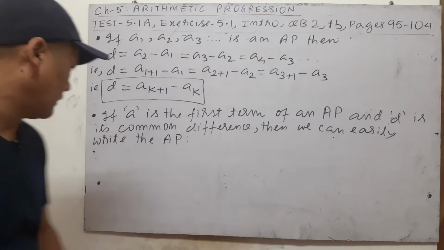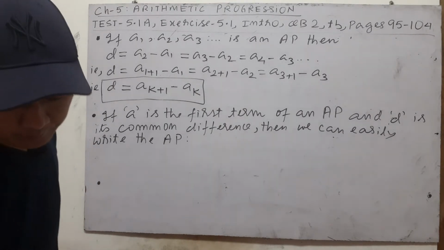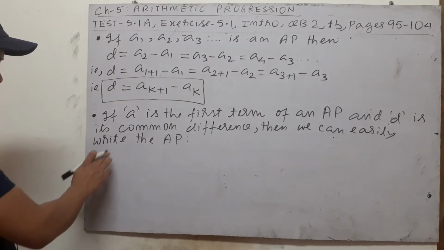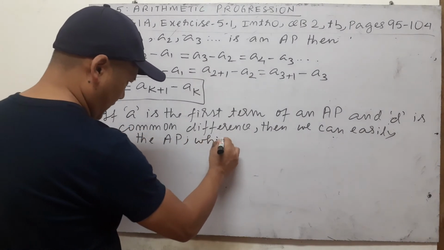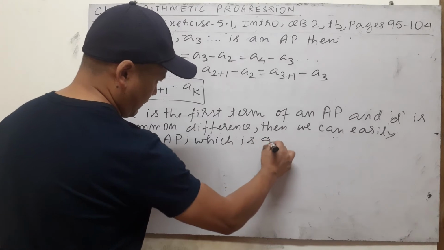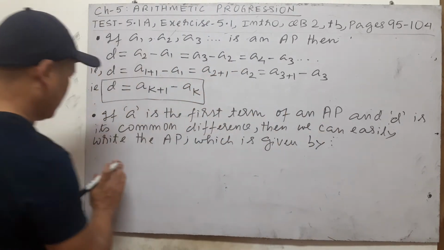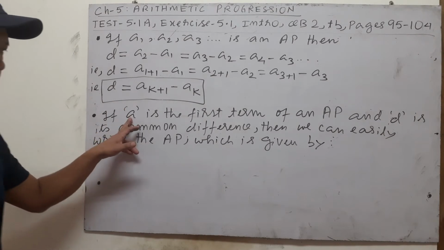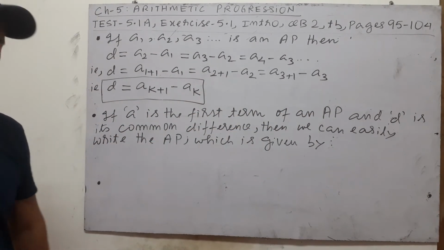How? You see here, write the first term. You can easily write the AP. How do you write the AP? If you know A, the first term, and D, the common difference, you can write the whole AP without any problem.